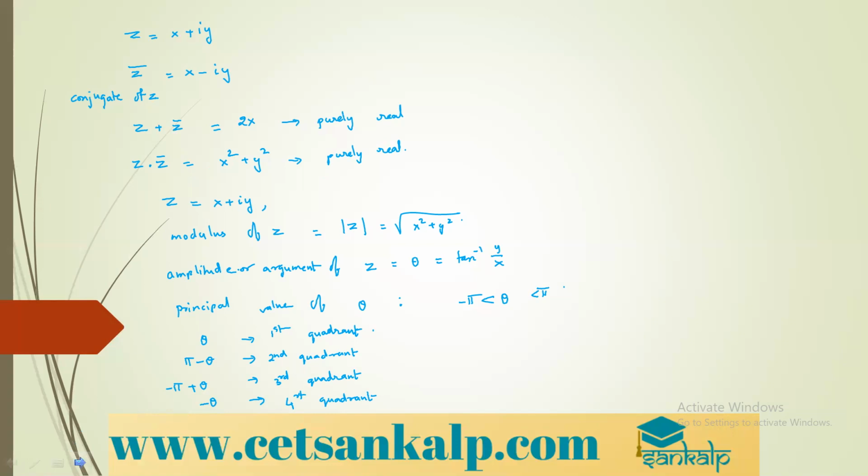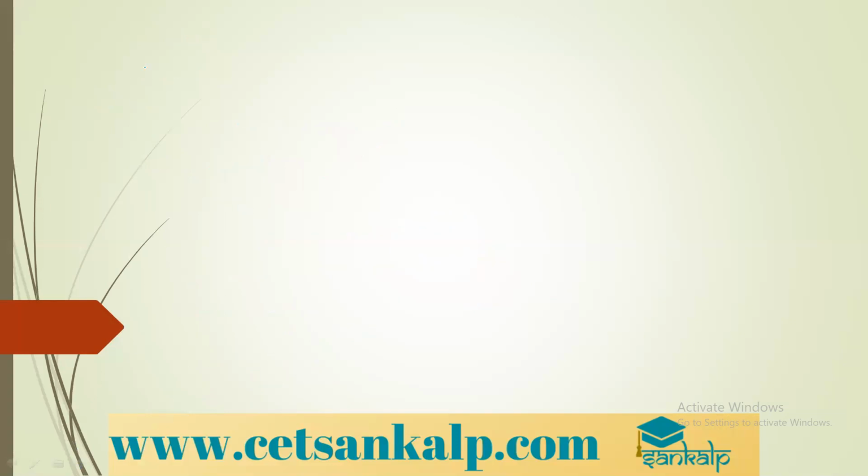There are many properties of conjugate and moduli. So we will study the properties, and I will number them. The first one is modulus of z will be greater than or equal to 0, but modulus of z will be equal to 0 if z is 0.